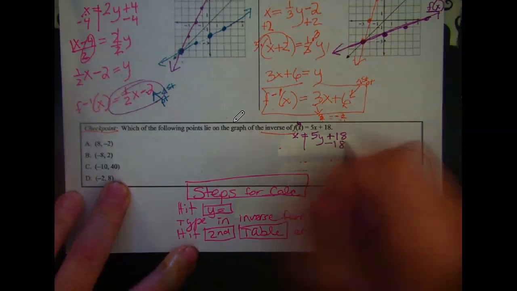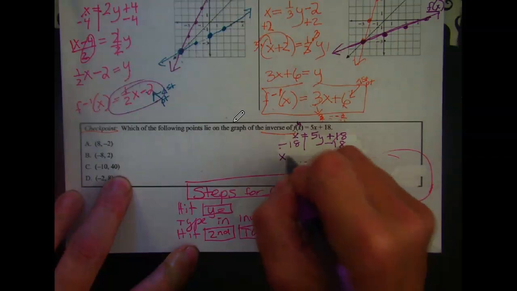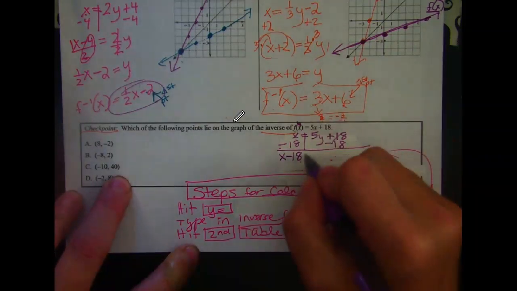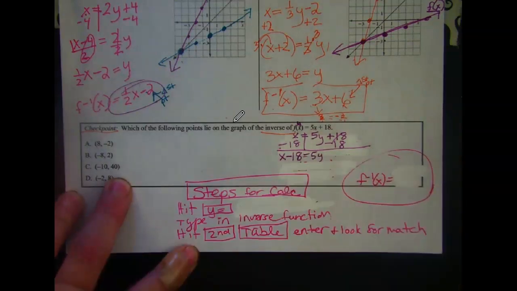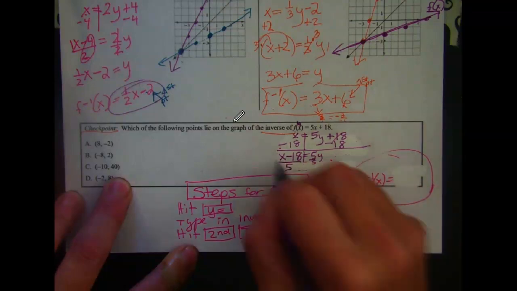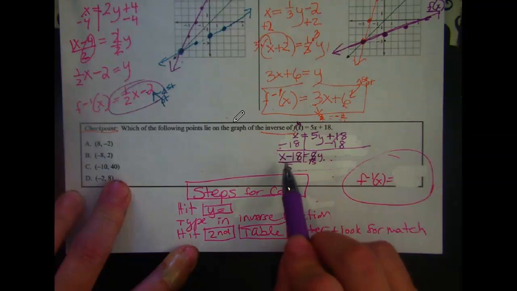Minus 18 from both sides, that cancels, and I get x minus 18, equals 5y. I'm going to draw a line there so you can see. Then my last step is divide both sides by 5, the whole thing, and that cancels. So I get y equals x minus 18 on top, all divided by 5.